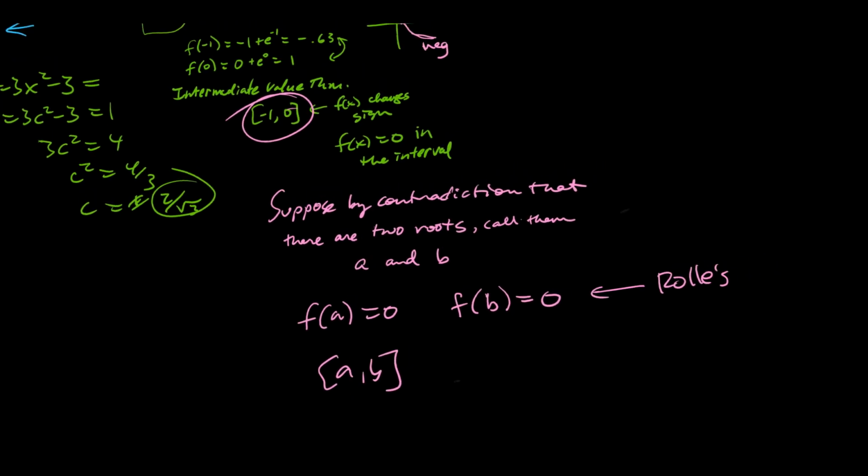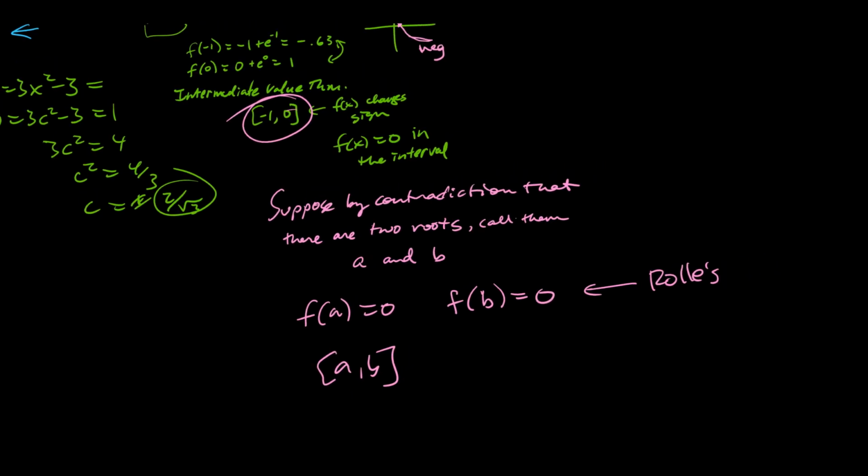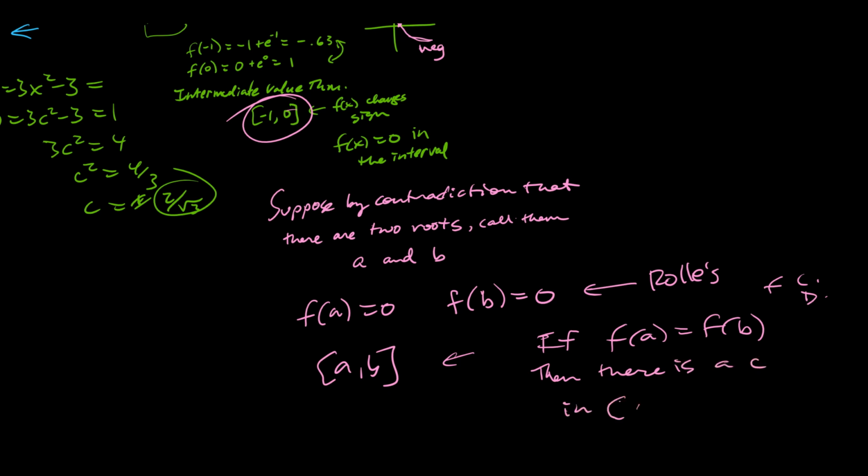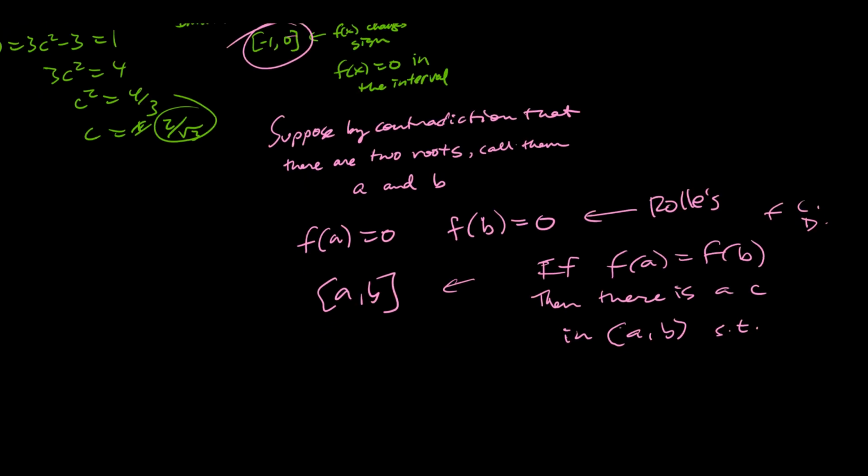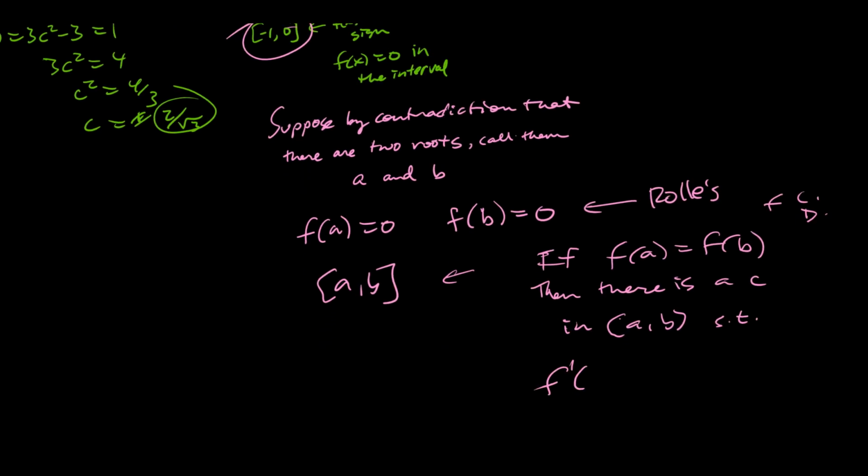So Rolle's theorem says, if f of A is equal to f of B, and f is continuous and differentiable, then there is a C in (A, B) such that f prime of C is equal to 0.